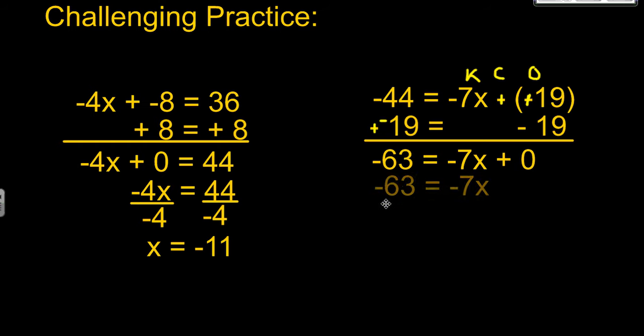And now we move on to our next step, and we're going to divide by negative 7 to isolate the variable. And a negative divided by a negative equals a positive. x equals 9.